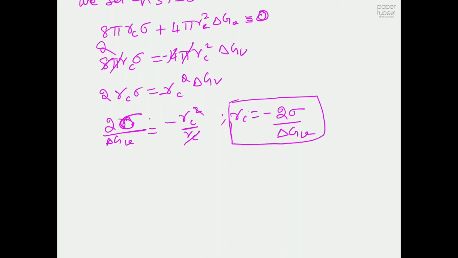So the critical radius required to form a stable nucleus is minus twice the surface energy divided by the free energy associated with the transformation from your solution to some volume.